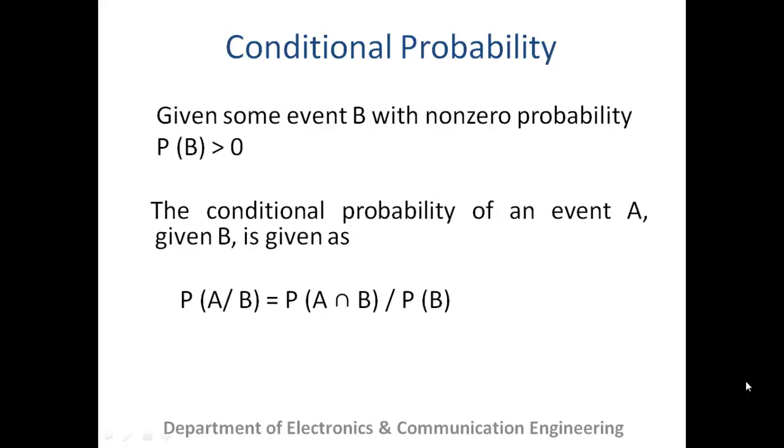So it suggests that the two events are dependent upon each other. That is, one of the events has occurred and we ask the probability of occurrence of the other event depending upon the first event.